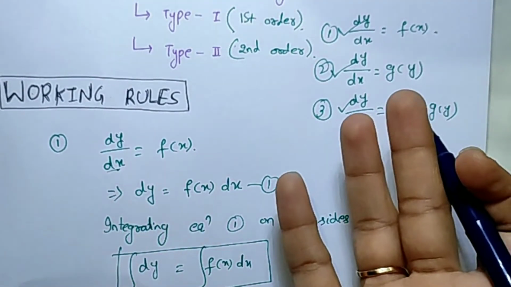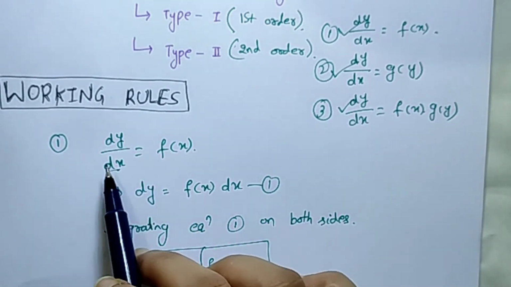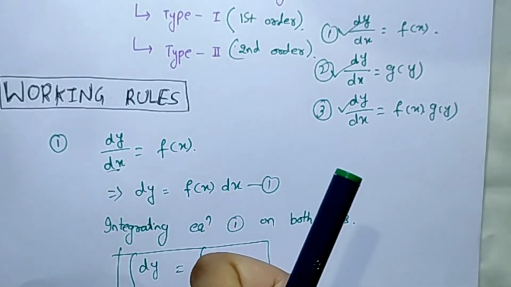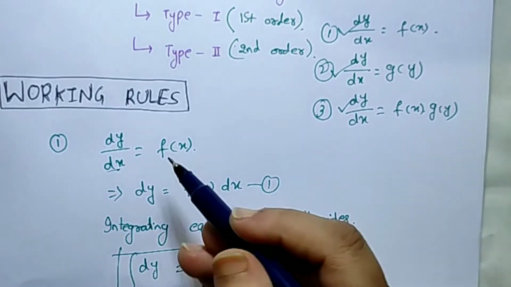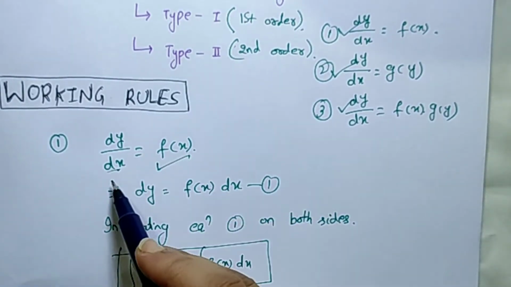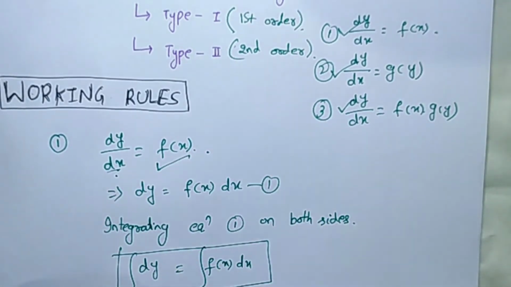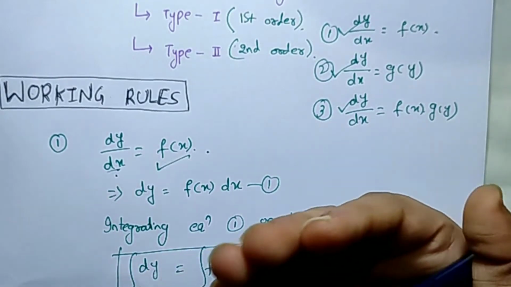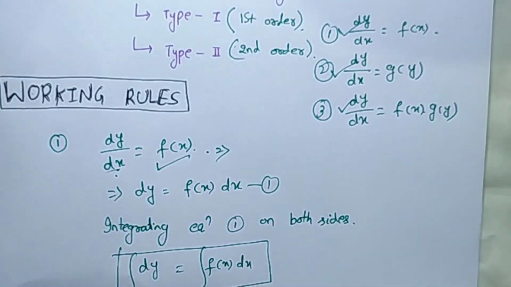What have we done? We know that integration of dy is y, and to integrate this f of x we need an integrand by which we can integrate this function, and that is dx, because this is a function of x. So we multiply dx on the right hand side by cross multiplication method, or you can understand it as: to find the integration we need an integrand. So what can we do?